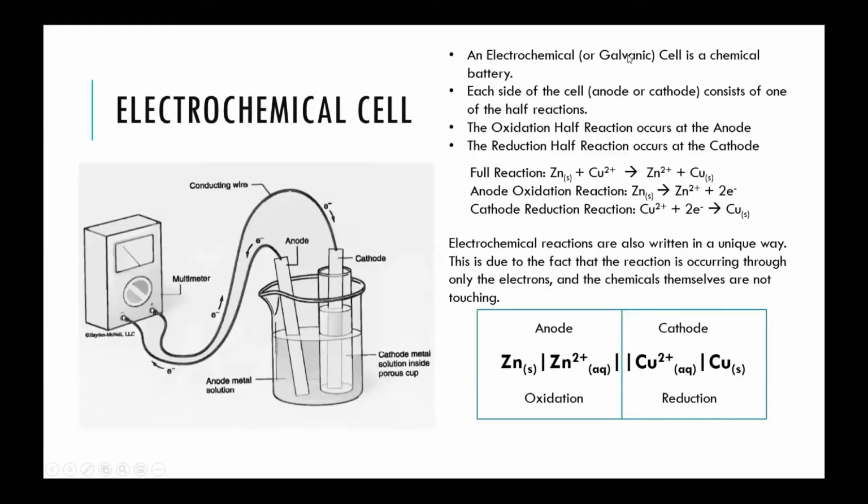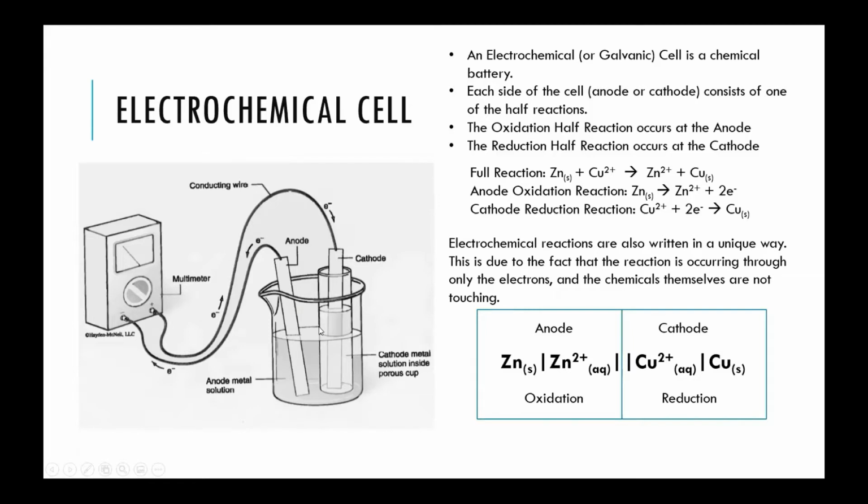Now, I had mentioned a bit ago the terms cathode and anode, and these are the different poles on a battery, or what could be termed an electrochemical cell or a galvanic cell. On a regular battery, this would just be the positive and the negative ends of the battery.